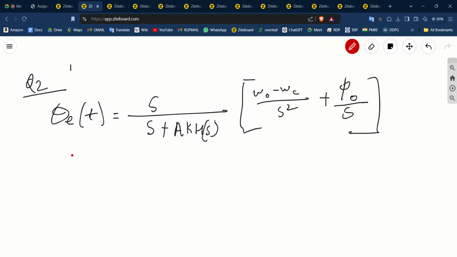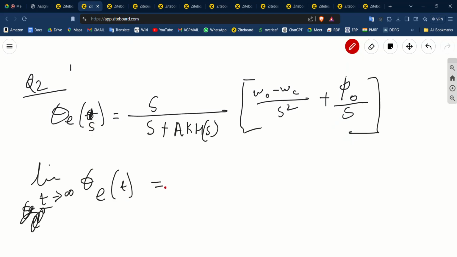Now limit theta_e tends to limit t tends to infinity. This is theta_e(s). Sorry. So limit t tends to infinity theta_e(t) is equal to limit s tends to 0 of s theta_e(s).